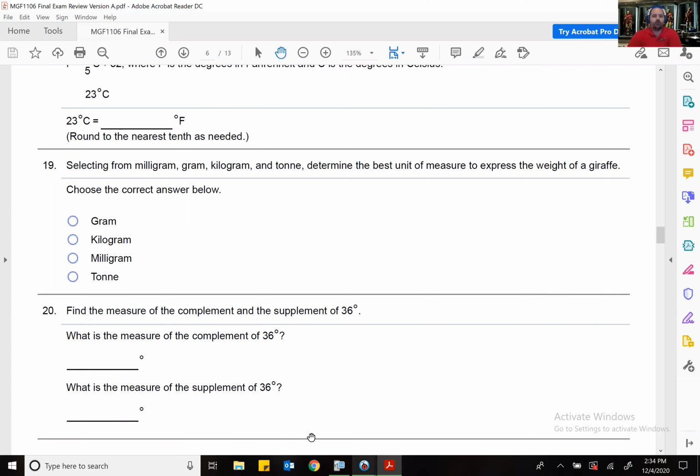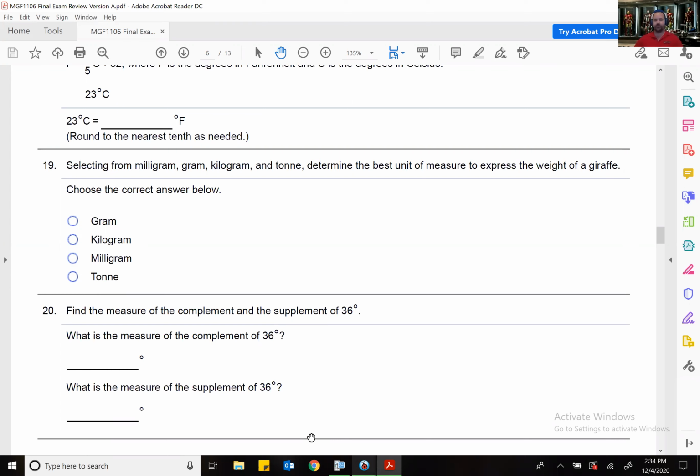So from below, we want to know which one expresses the weight of a giraffe the best. Gram, kilogram, milligram, or tonne? Kilogram, absolutely. Because the kilogram is the closest thing to pounds. So giraffes are weighed in pounds.